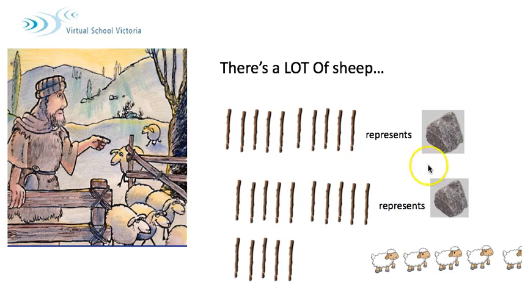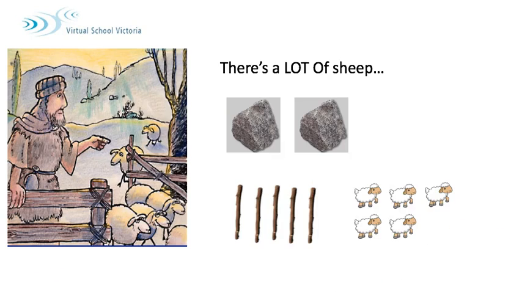And we know that 10 tens are 100, so that's 100, 200, 210, 220, 230, 240, 250, 1, 2, 3, 4, 5. There's a little sheep trying to get away.